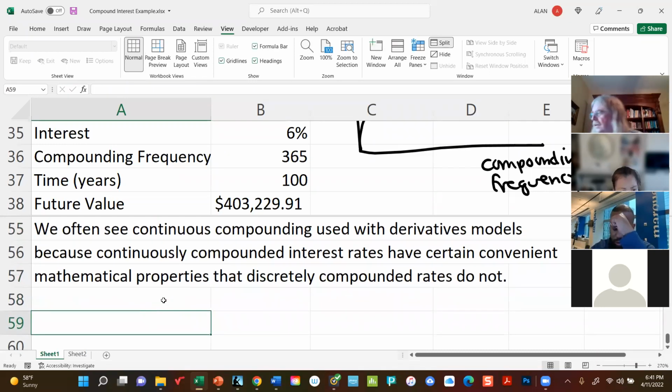So in other words, it's not that unusual to see these used with derivatives models. You may not see them all over the place, but with derivatives models, it's just typical standard practice to use continuously compounded rates, which, by the way, can be converted into any other frequency we need.